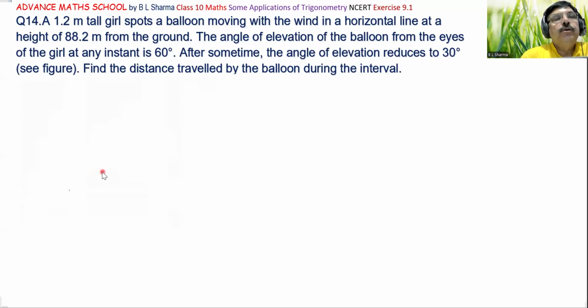Question number 14 on your screen. A 1.2 meter tall girl spots a balloon moving with the wind in a horizontal line at a height of 88.2 meters from the ground. The angle of elevation of the balloon from the eye of the girl at any instant is 60 degrees.